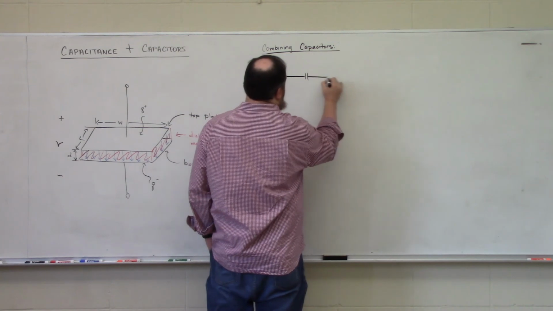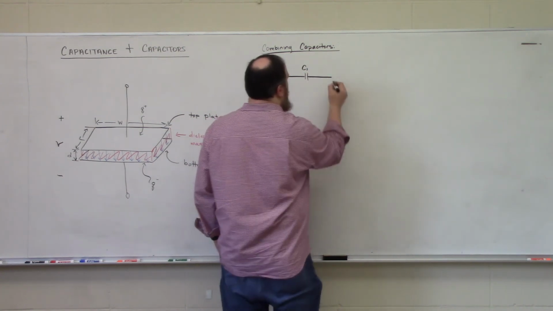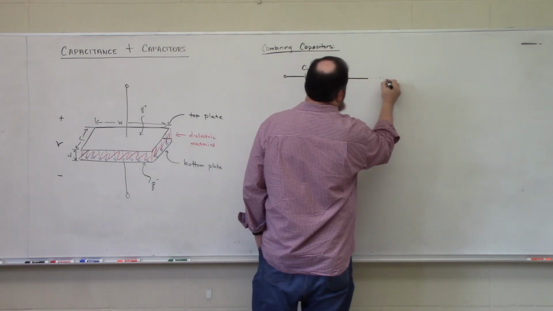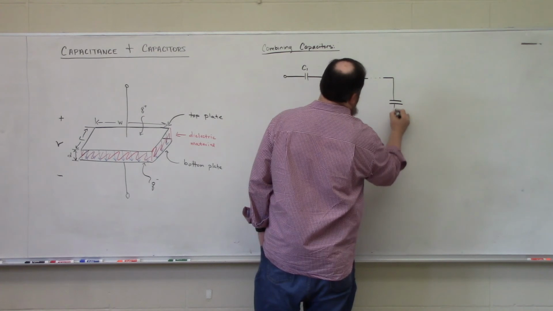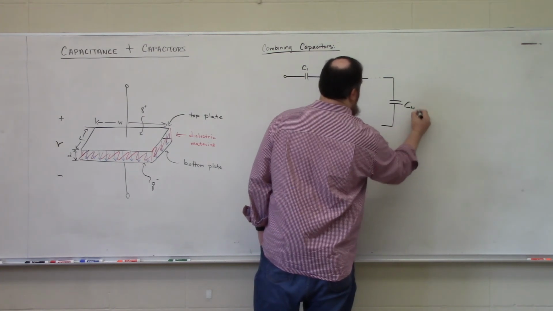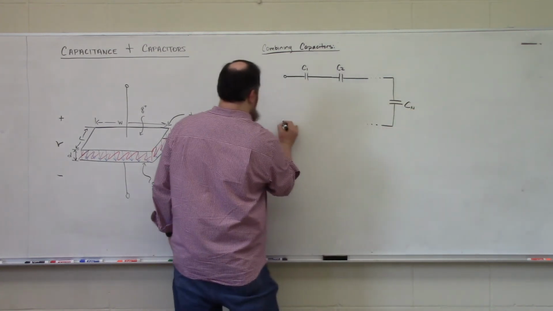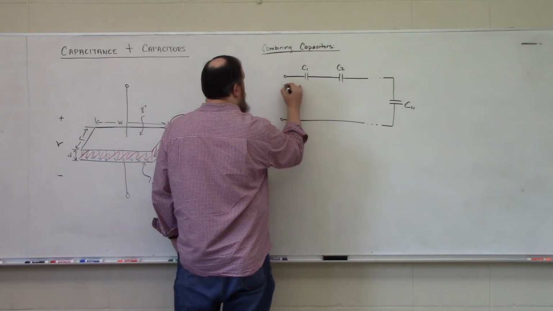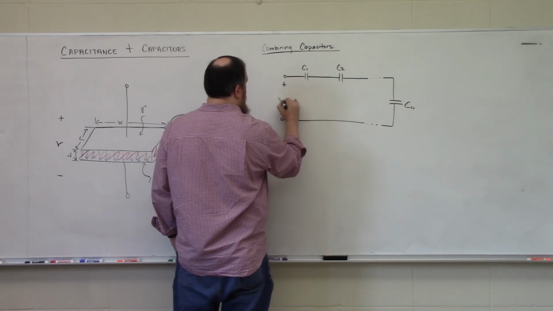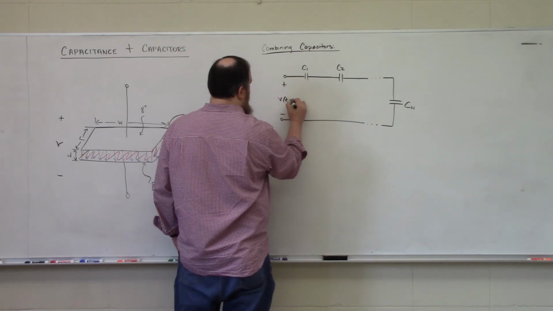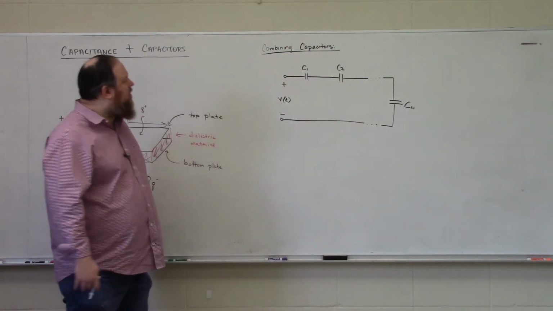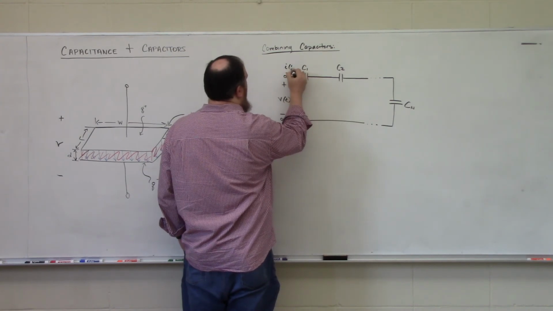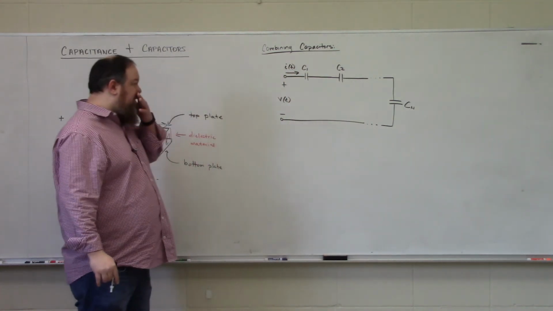So here's capacitor number 1, which I'll call C1. Here's capacitor 2. Here is our nth capacitor. And we're going to assume that there is some voltage drop Vt over this network, and that there is some current It flowing into the network.